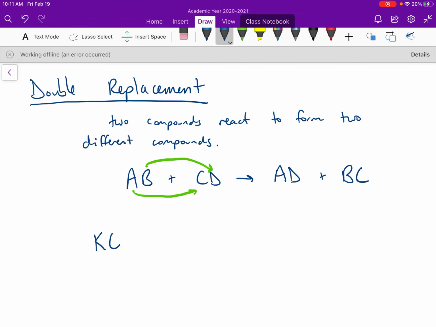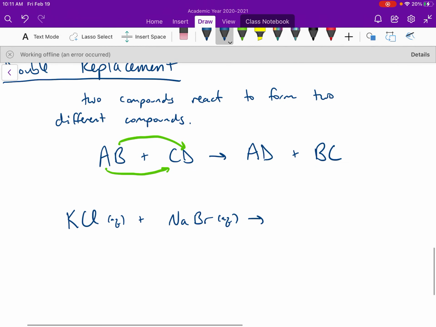Let's say KCl plus sodium bromide. Okay, they're both going to switch partners. So we end up with sodium with chlorine and potassium with bromide. How do I know it's those pairings? Well, you just have to think logically, right? These are ionic substances, so you always have a positive and a negative one and a positive and a negative one.